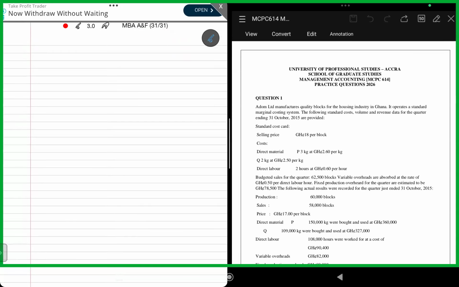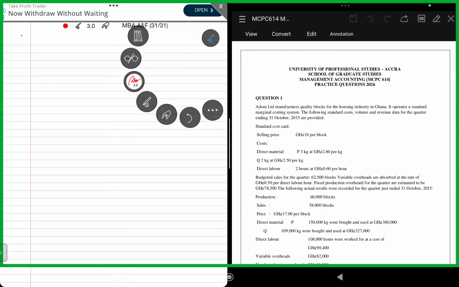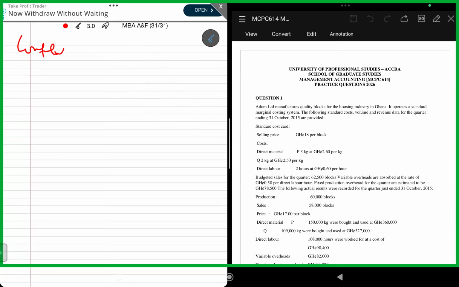So we are solving for contribution. So contribution equals sales minus variable costs.